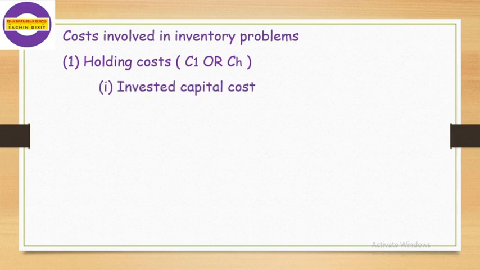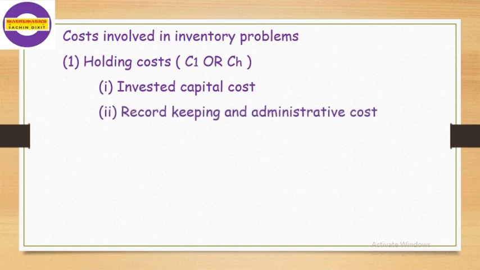First, invested capital cost. This is the interest charge over the capital investment. Then second is record keeping and administrative cost. Third, handling cost. Handling cost includes all costs associated with movement of the stock such as cost of labor, overhead cranes and other machinery required for these purposes.